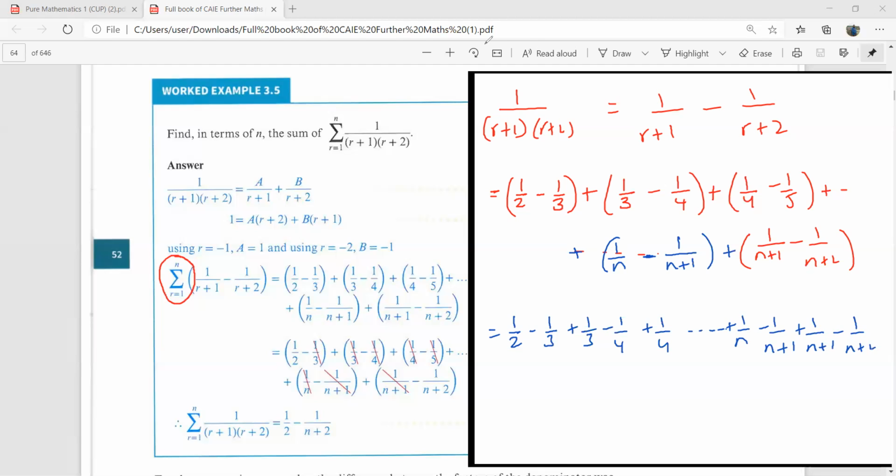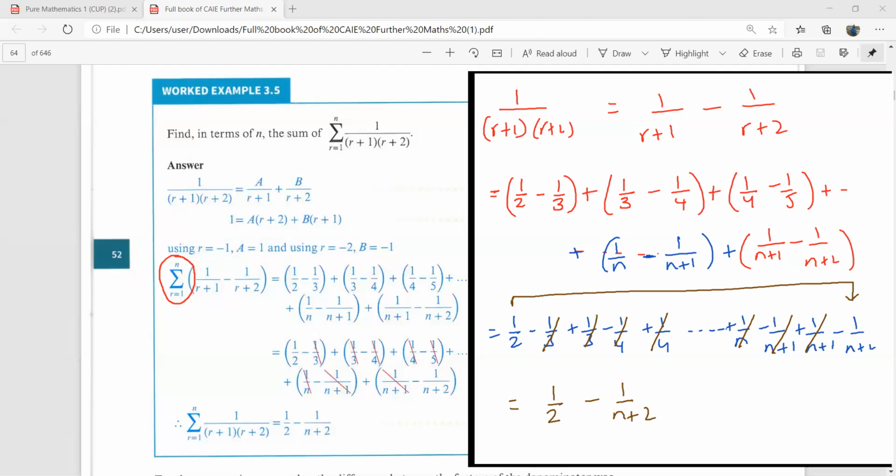If you look at this carefully, you will notice that all these terms cancel out. You will be left with this half from here, and then minus 1 over n plus 2. So the sum from 1 to n can be written as 1 over 2 minus 1 over n plus 2.